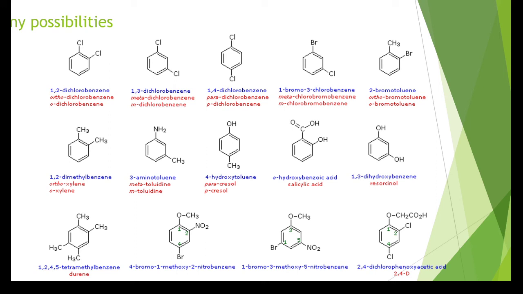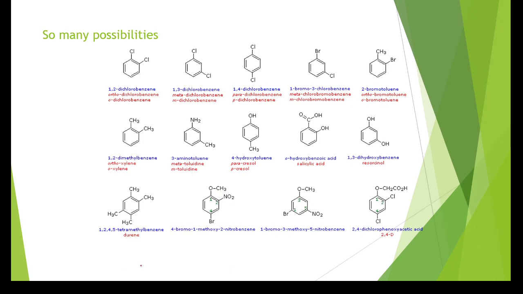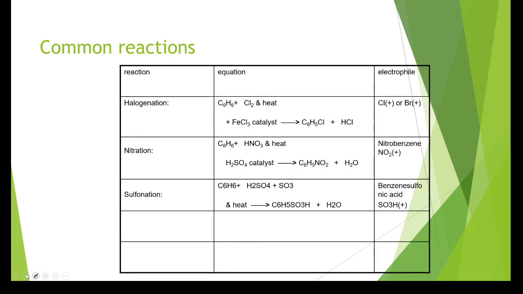Okay, but the names, again, you should know the ortho position, the para position, and the meta position, also knowing the 1, 2, and 3 names. So there's many different ways to name di-substituted benzene rings. Now we're going to talk about the reactions that get those on the ring.